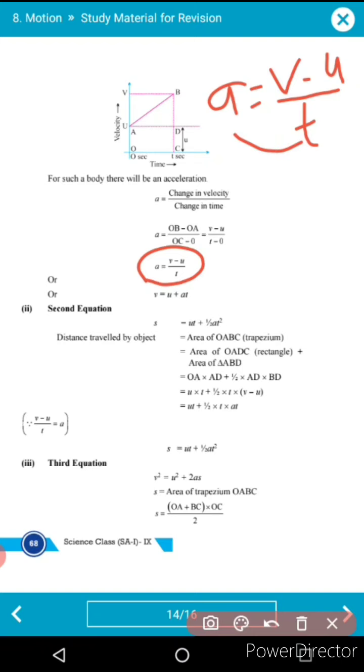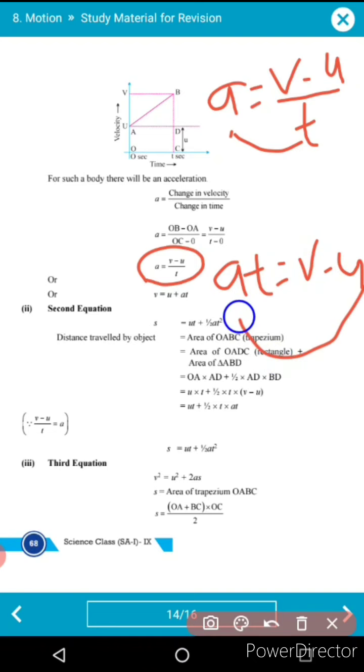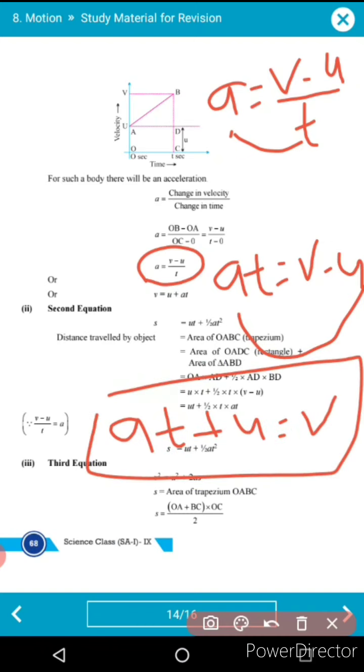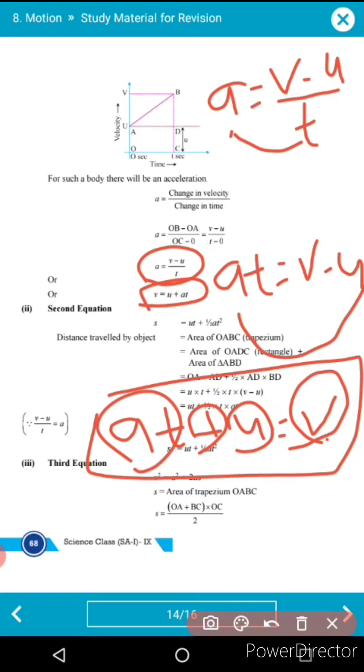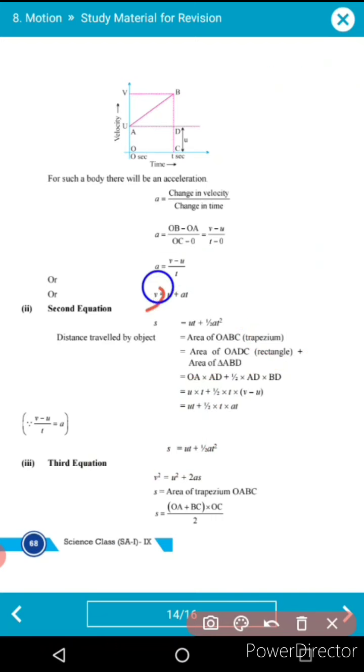Keep t over here, multiplication of a, so we are getting at equal to v minus u, and keep the minus term over here, so we are getting at plus u equal to v. So this is equation number 1: v equal to u plus at.